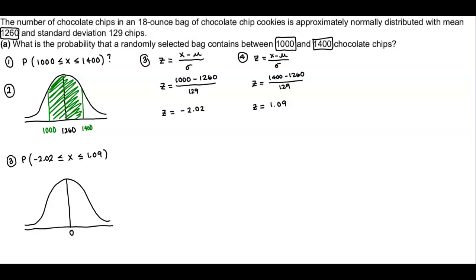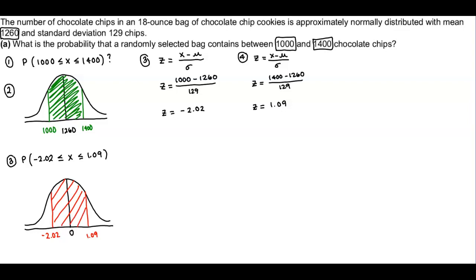The z-score for 1,000 is now negative 2.02, and the z-score for 1,400 is 1.09. And what we want to find is the area, again, that's in between these two.